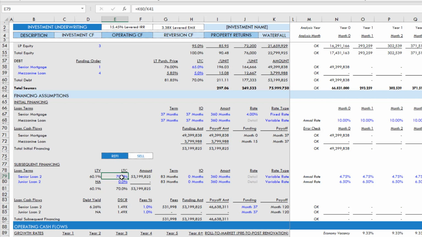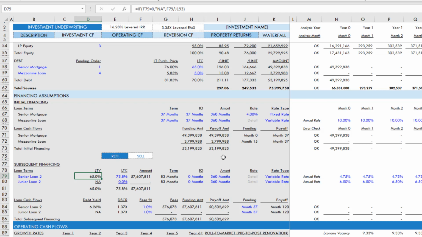Just so happens it's 70%. We could also assume a higher amount. So let's say that, because right now this 70% is 60% LTV, right? The loan to value at that point. Let's say we wanted that to go closer to 65. So we're just going to eyeball it. All right, so 75.8. All right, so that gets a 65% loan to value.